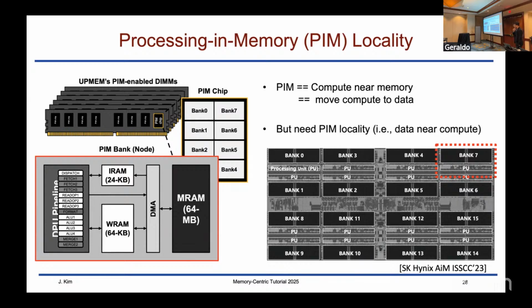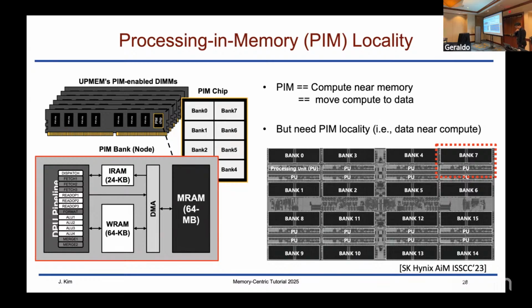Each bank has 64 megabytes of memory, and each bank has a single processing core. The processing core can access the data within its 64 megabyte memory, but once it has to go to a different bank, there's no way of reaching that data. Well, actually, there is. You just have to go back to the host, which is a very inefficient way of accessing data. And it destroys all the benefits of what people would say they obtain from PIM.